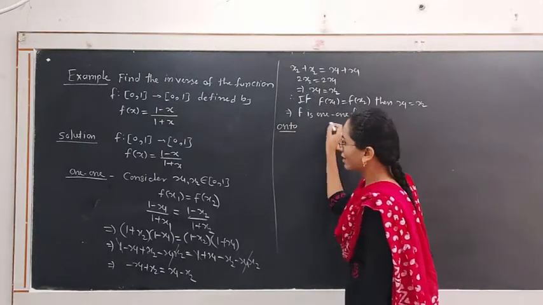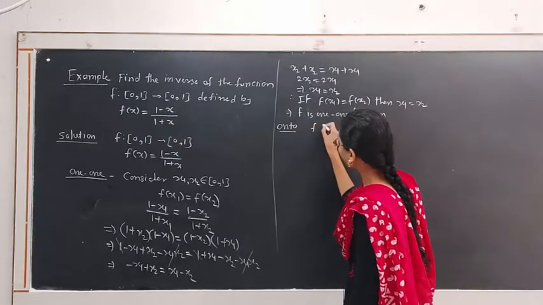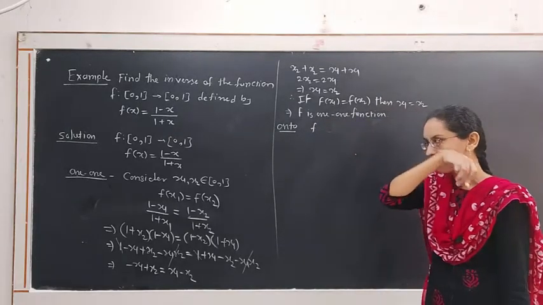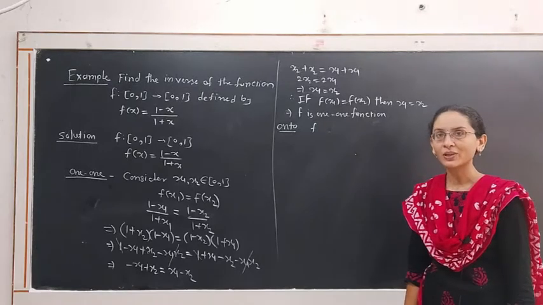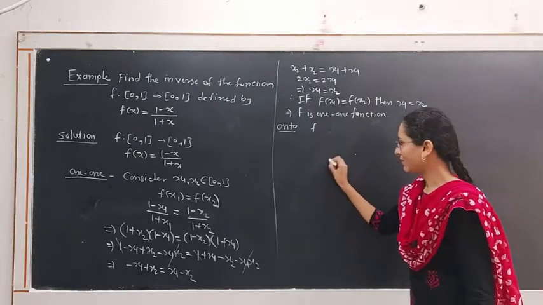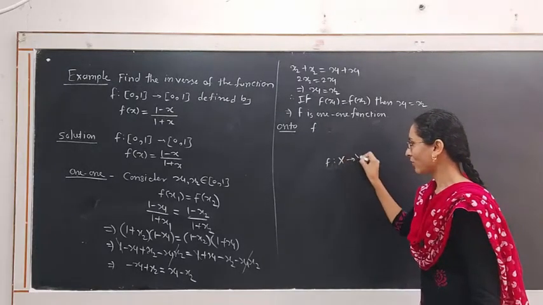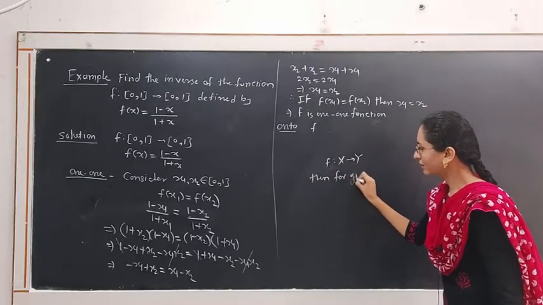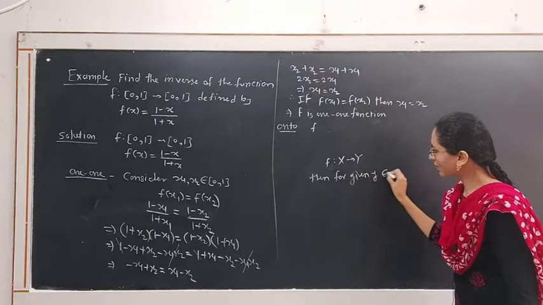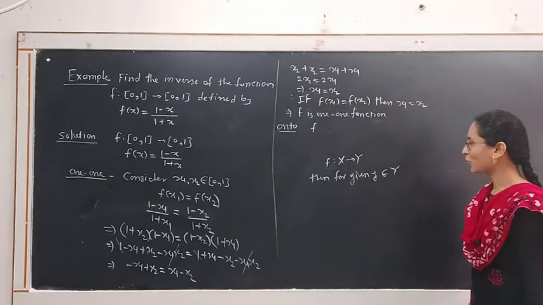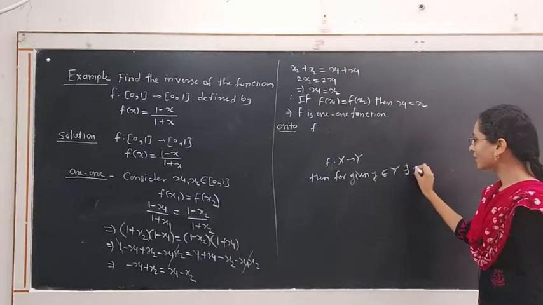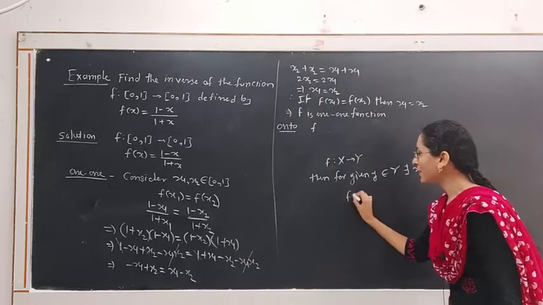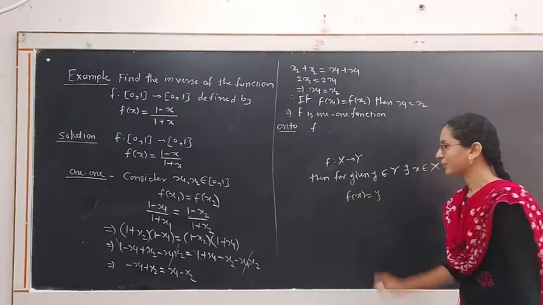For that, we are given that f of x is equal to (1 minus x) upon (1 plus x). What is the definition of an onto function? If f is a function from X to Y, then for a given y belonging to the codomain set Y, there exists x belonging to the domain set where f of x is equal to y.